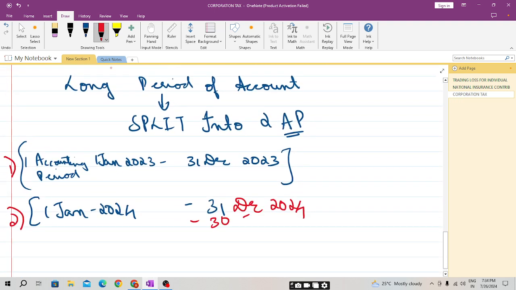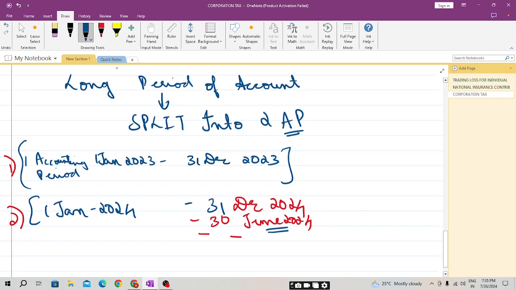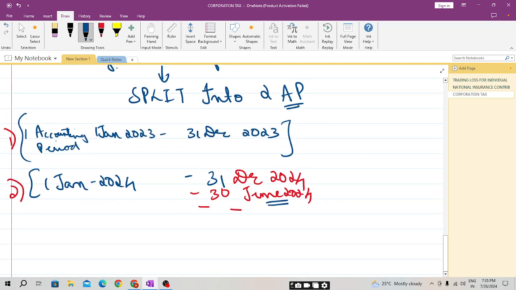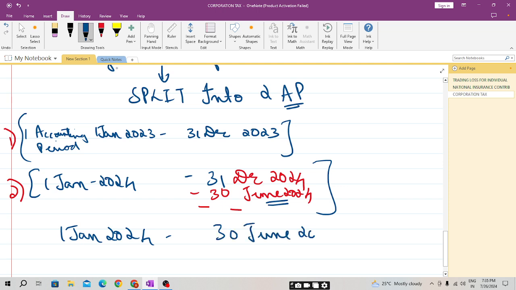Please do keep this in mind. And cease, the company is not ceasing, so no date for this. So the earlier of 3 dates is 30th June. So our accounting period will be 1st Jan 2024 to 30th June 2024.